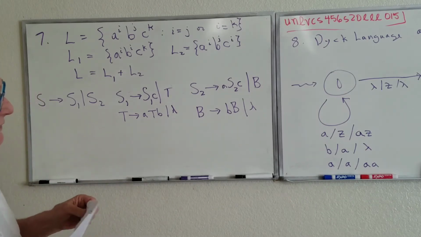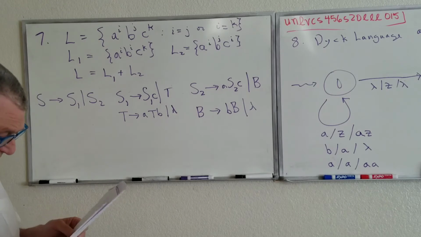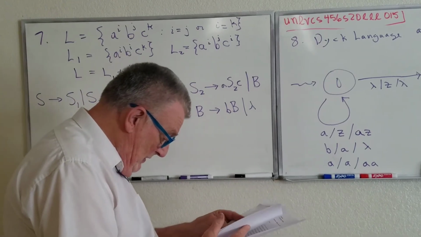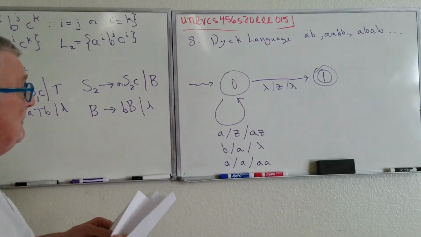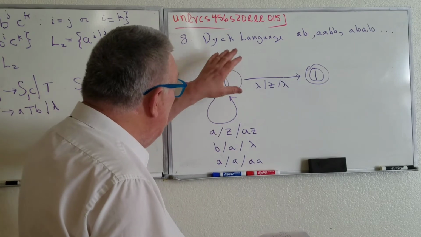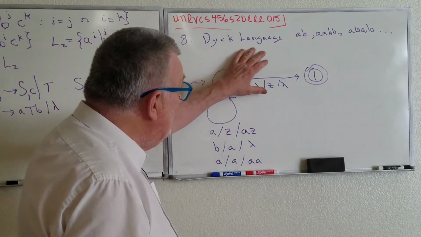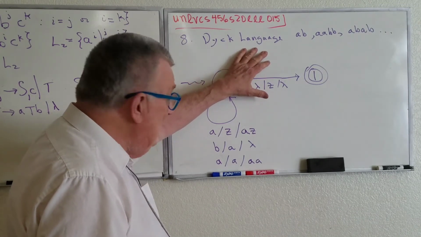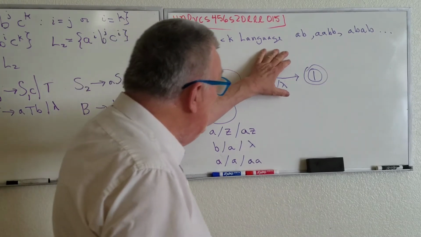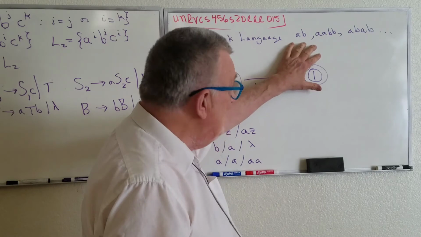All right, now let's go over to problem 8. In problem 8, I want to get a PDA that accepts the Dyck language. Now you recall what the Dyck language is. It's all strings of matching brackets, or parentheses if you wish.